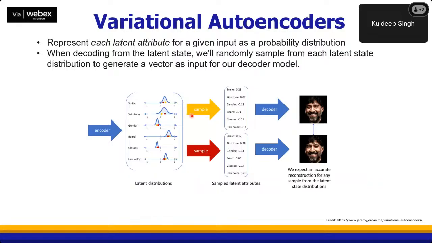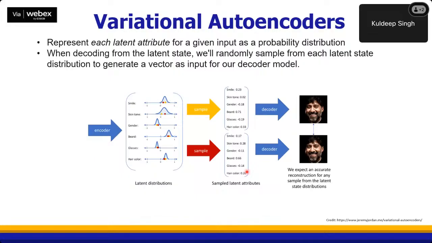So now you can see here, there are two examples of the decoder where they have sampled the values of these latent attributes from this distribution, and they are quite similar to each other.